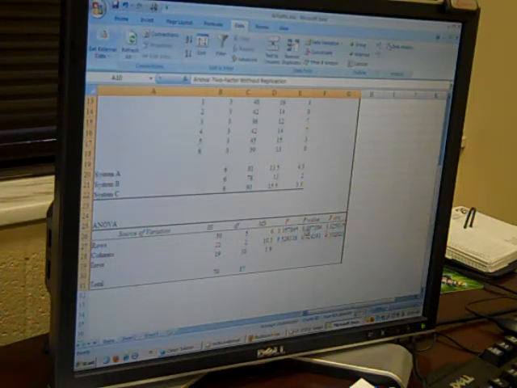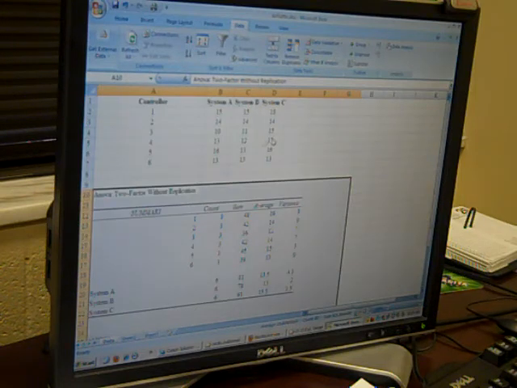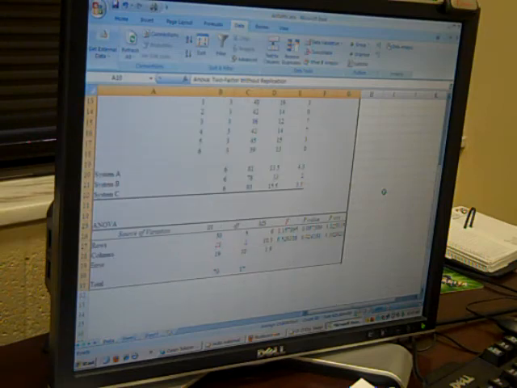Now, over here, because we have 0.05, we almost have that the controllers are a key element in the variation of your dependent variable.